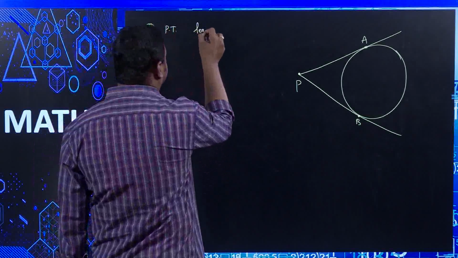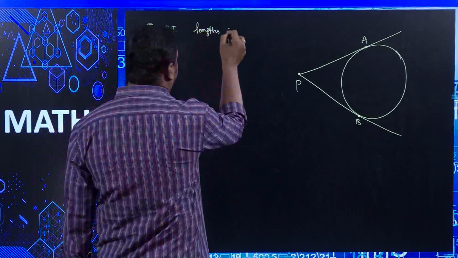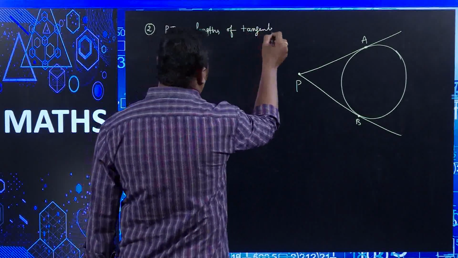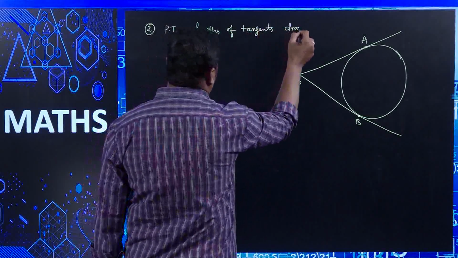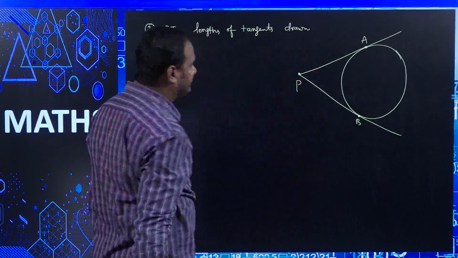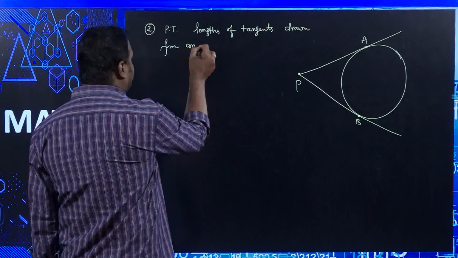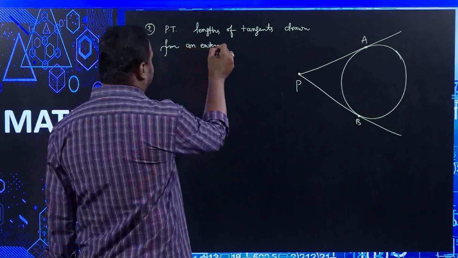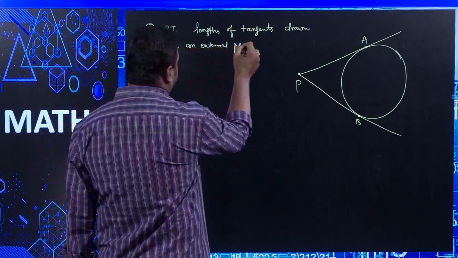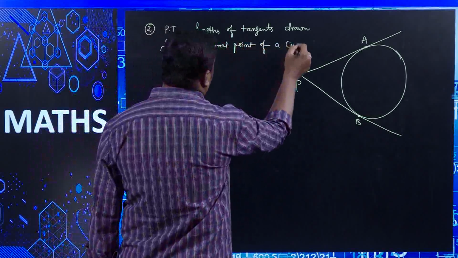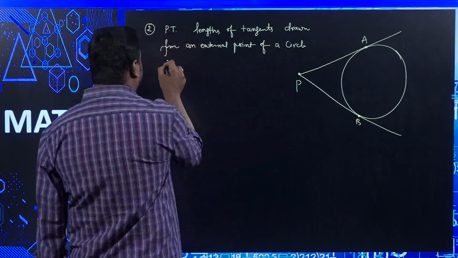The next property of tangents is: prove that the lengths of tangents drawn from an external point of a circle are equal.